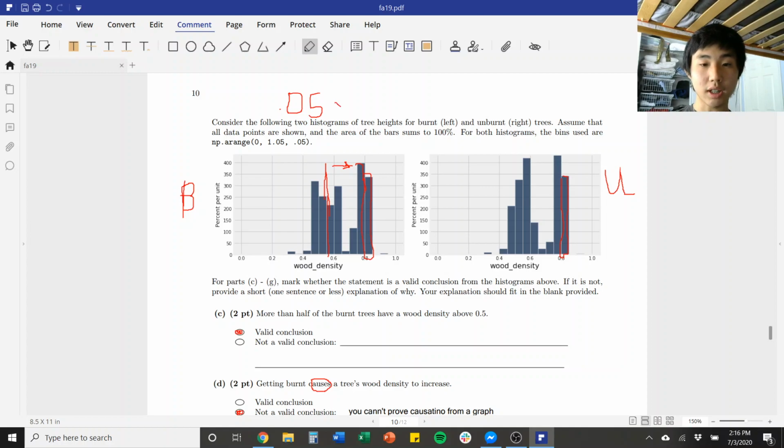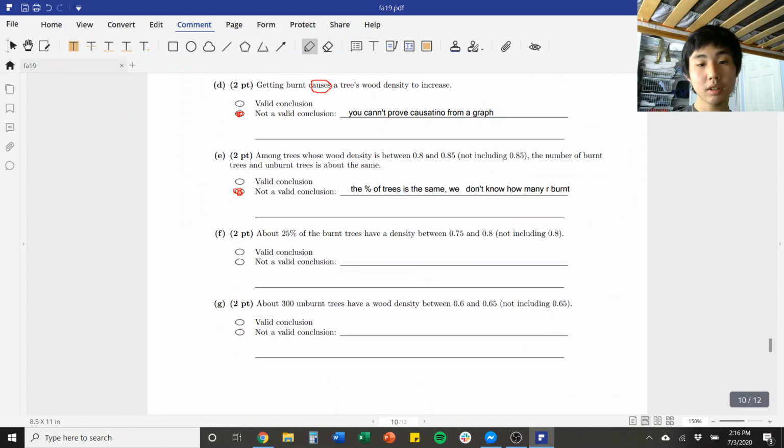So that's 0.05 times 400%. And that's equal to 20%. So 20% of the burnt trees are in that range. And this says about 25, so it's not valid. And our reason is that 20% is not about 25%.